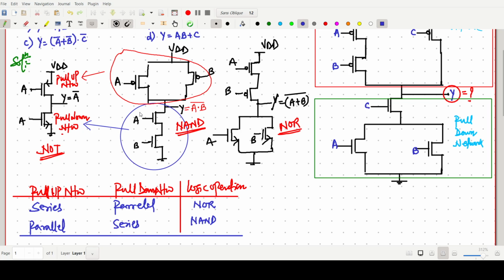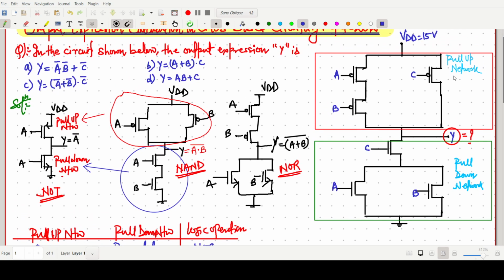If you think about only the pull down network, if two things are in series, it gives the NAND function, and in parallel it gives the NOR function. Now I am coming to the question.